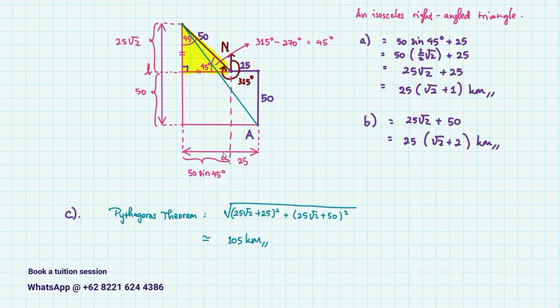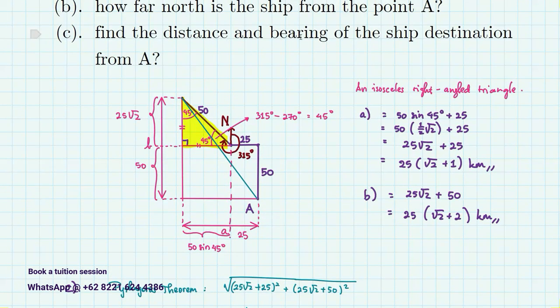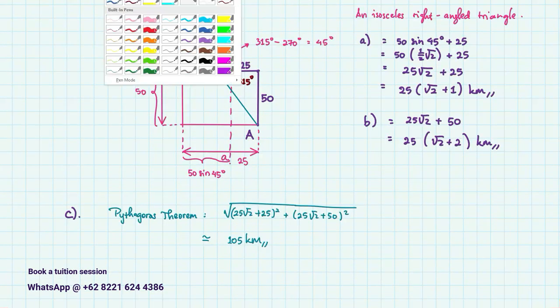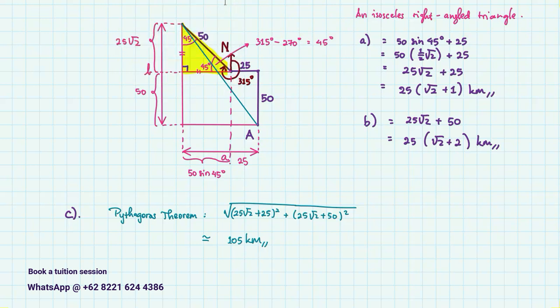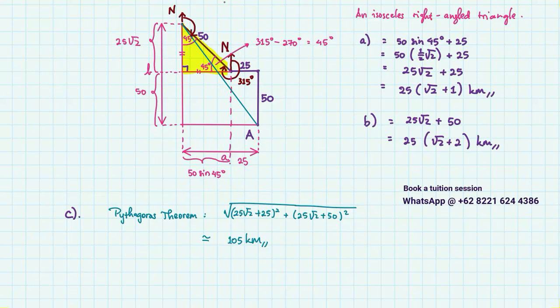What about the bearing? We would like to find the bearing also. We draw the north direction. The bearing is just from the north in the clockwise direction until this point. If we can find the value of this angle, so let's name it as theta. We can find the value of theta.